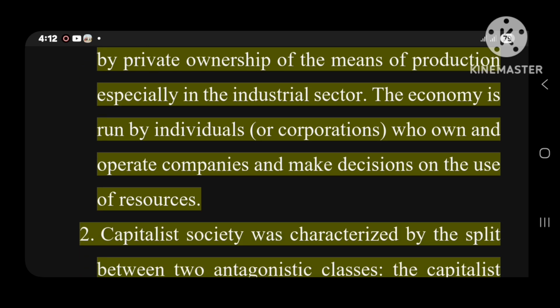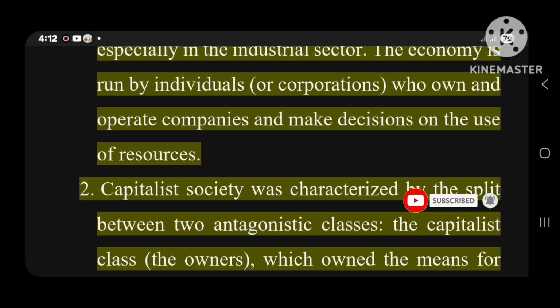The second characteristic is that capitalist society was characterized by the split into two antagonistic classes. These antagonistic or opposite classes were, first, the capitalists or owners of the industry, sometimes called the bourgeoisie class.